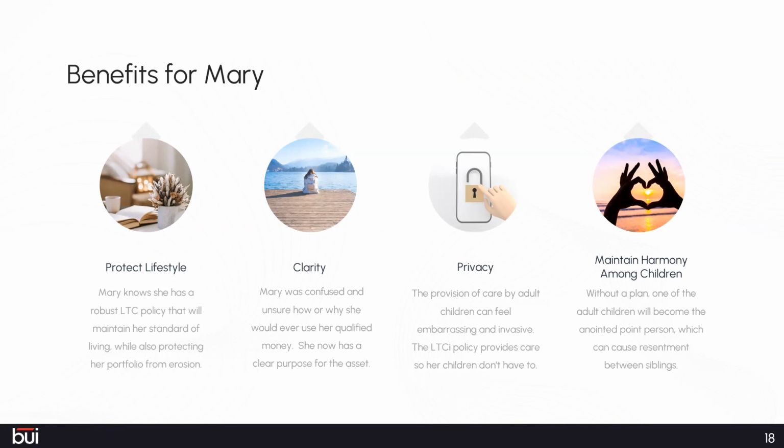That child most likely is the one who lives nearest to mom and dad, particularly if the other siblings live far away. With the concierge services at the insurance carriers to help with coordinating benefits, and by having professional caregivers, that takes a lot of strain off the children and really helps to maintain harmony in their relationship, which is very important to any parent.